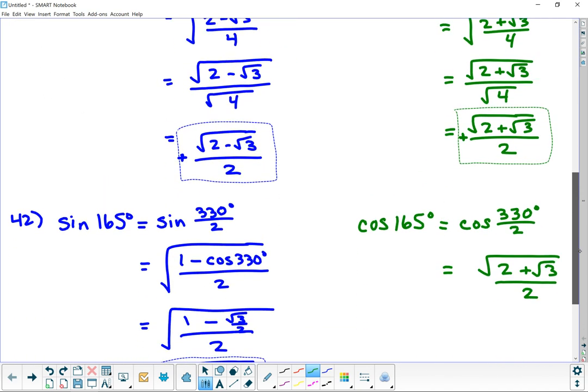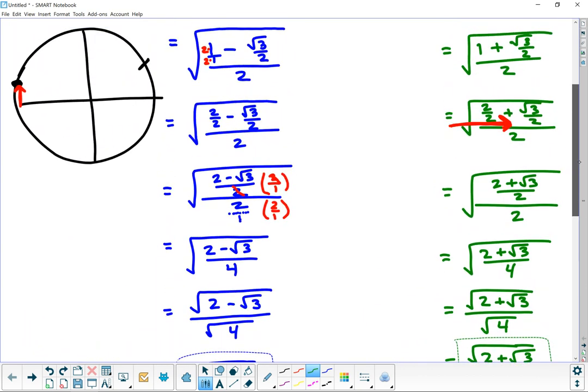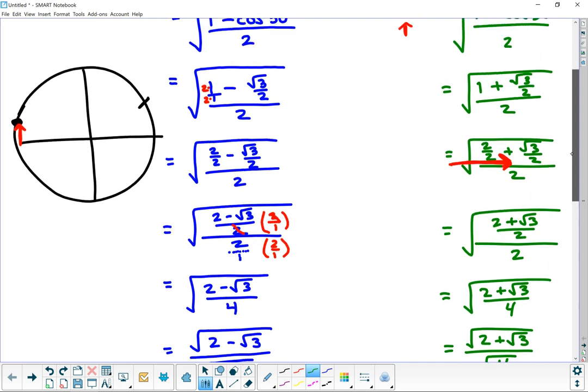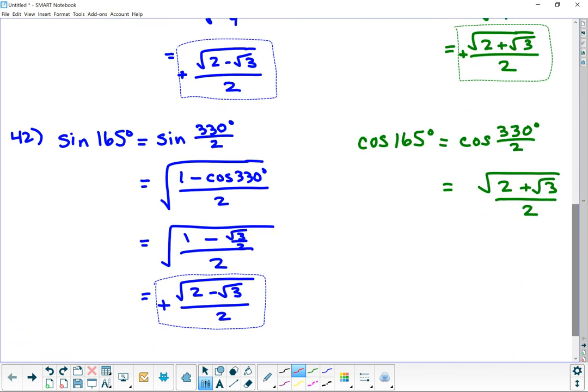Again, remember, we're using the same thing because it's going to give me the same basic answer. Right? But for cosine, to get to this spot right here, I have to actually go to my left. So left means negative. So that means that this answer is going to end up being a negative answer. Okay, which is different from this one up here because that's a positive answer.